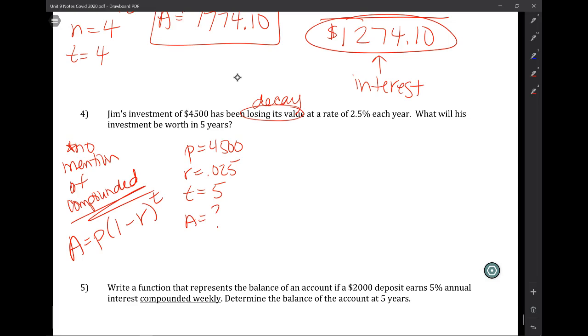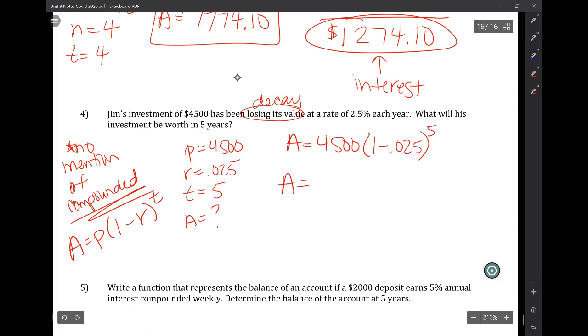Well, actually, how much money I lost. All right, so if I plug in 4,500, 1 minus the rate, to the 5 years later, and type that all in my calculator all in once. Unfortunately, my investment was losing money, and so now my investment is only worth that much.